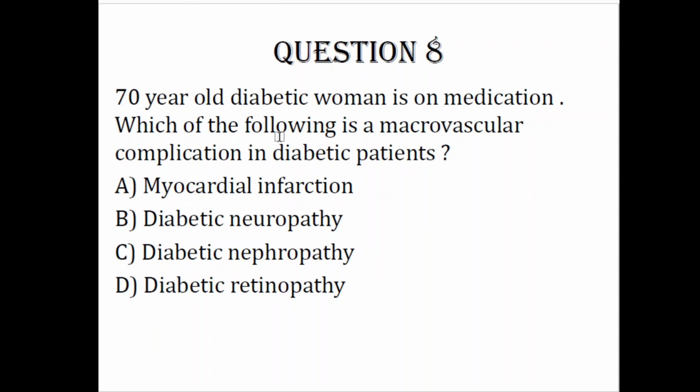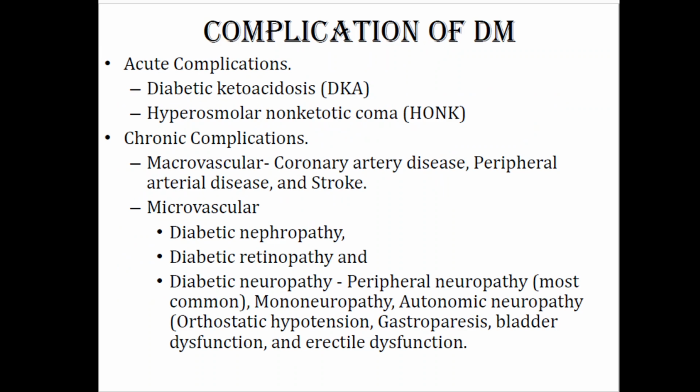70-year-old diabetic woman is on medication. Which of the following is a macrovascular complication in a diabetic patient? Now let's look into the complications of diabetes. I have compiled all the complications of diabetes mellitus. We have acute complications and chronic complications. Acute complications are diabetic ketoacidosis and hyperosmolar non-ketotic coma, also known as HONC.